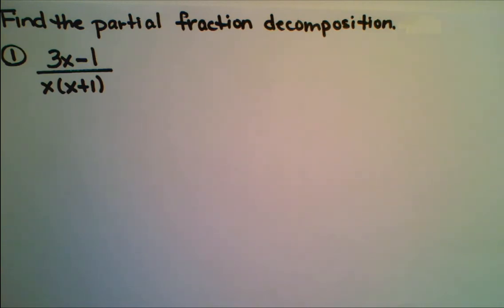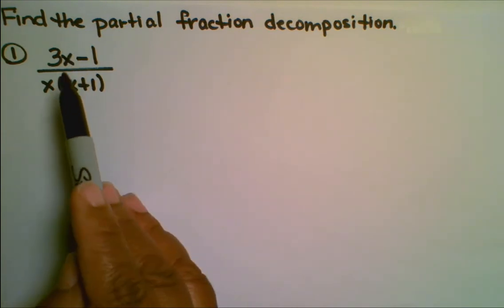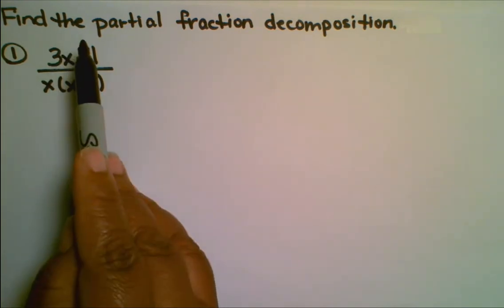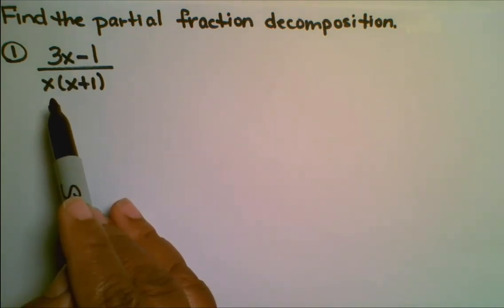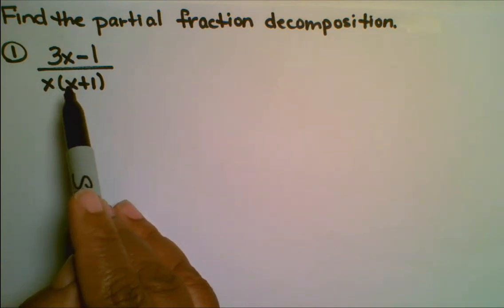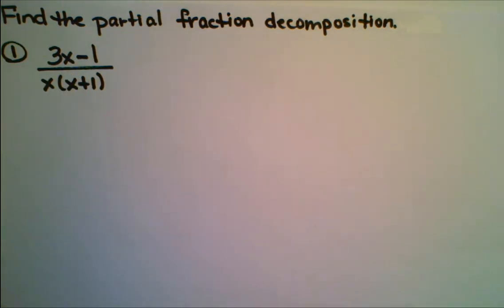Remember, a proper fraction is where the numerator is smaller than the denominator. We determine that by the degree of the numerator in the variable x, as well as the denominator. For 3x, the degree is 1. In our denominator, if we distribute this x, we have x times x, which gives x squared, so the degree is 2. So this is a proper fraction.